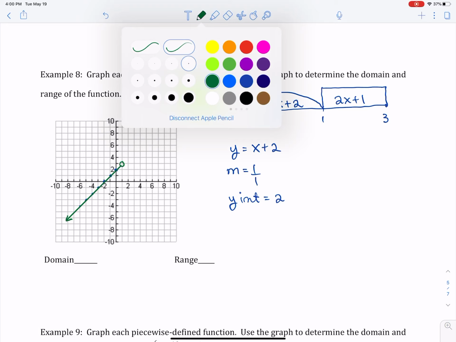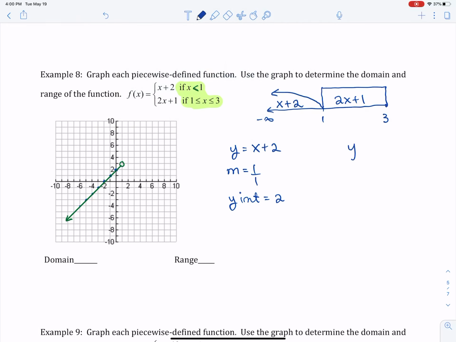Let's see the other part. So we've got y is equal to 2x plus 1. Again, the slope is going to be 2, or 2 over 1, and the y-intercept is equal to 1. So we have to start from 1 and go 2 up and 1 over.